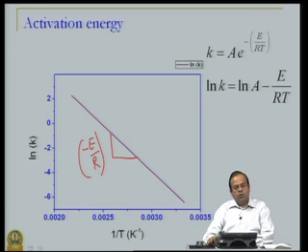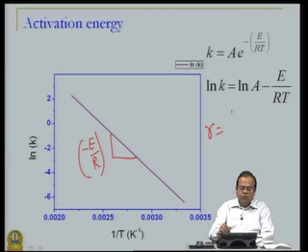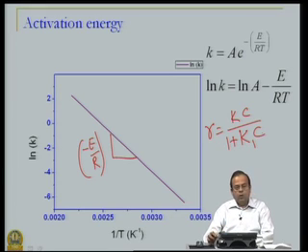Just as we talked about apparent order when we talked about reaction rates which do not necessarily follow power law kinetics, we can define apparent order as the partial of ln R with respect to ln C1. We can also define the activation energy, or rather apparent activation energy, when R does not necessarily follow a simple power law kinetics.